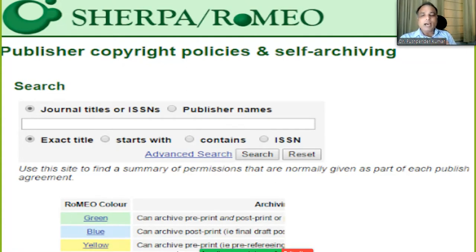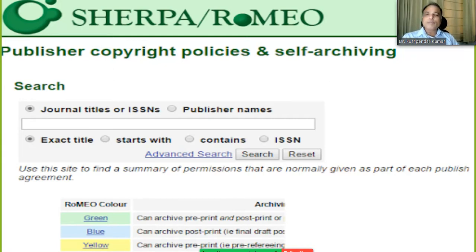Yellow can archive preprint, so whatever copy you have sent, the preprint copy, you can upload on your website. And the final is white, which is maybe not visible. Archive not formally supported means they will not support having one copy in your library or your university website. So this is a very important website.